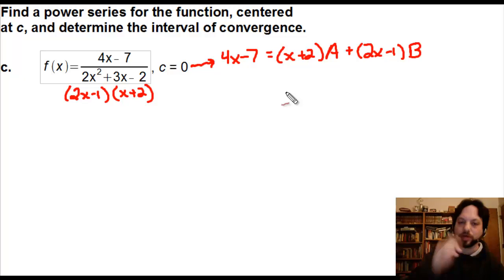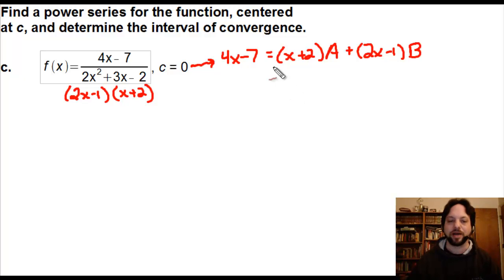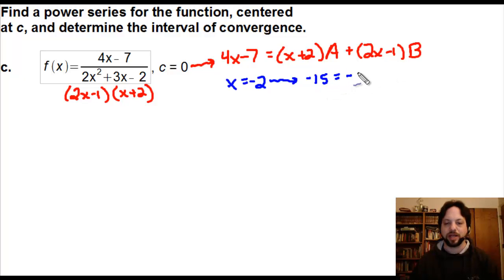Now, I'm not going to go through all the steps of this. This should be pretty easy for you to do by now. I will say this. One of the things I might do is let x equal negative 2, simply because that will cancel my a out. And if I do this, I'm going to get negative 15 over here, and I will get negative 5b. And so what I find out here is that b is in fact 3.